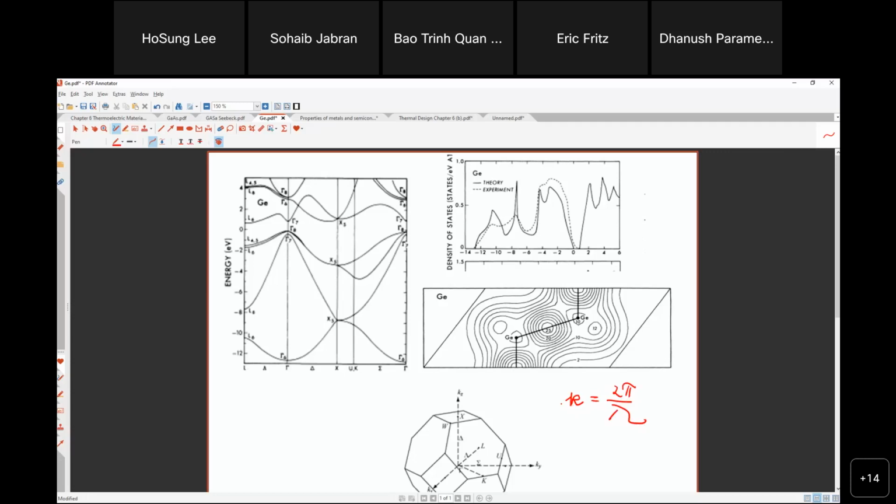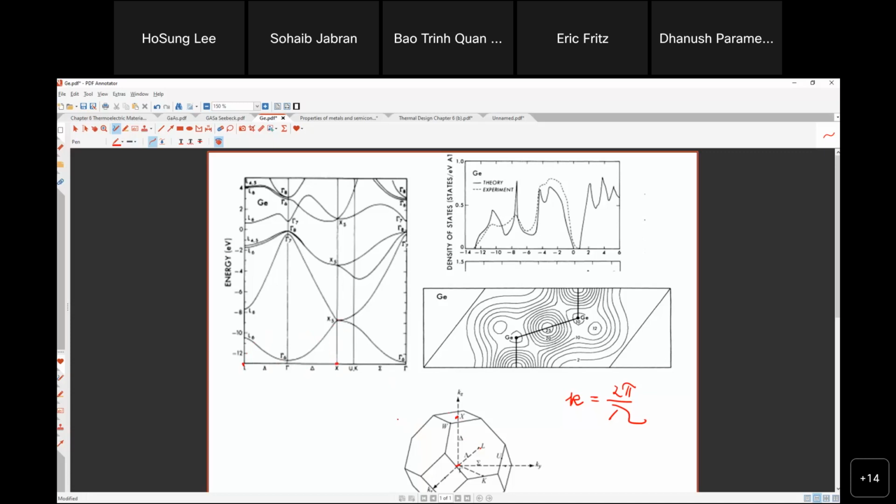So K small means the wavelength is large, so it takes care of the entire specimen. So directional from the center to X and L. I think X is here, L is here, something like that. This is the boundary.